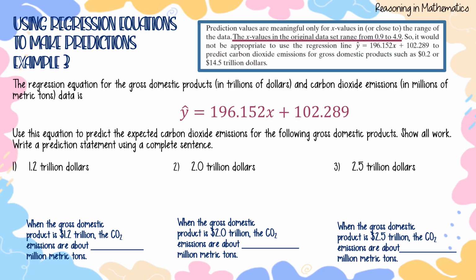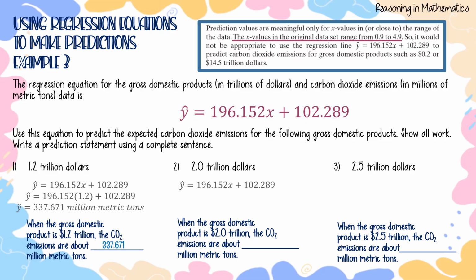So we're using the 1.2 and we're plugging into our linear regression equation, and then just put that in your calculator. Calculate that amount, and we get about, because we do any rounding for linear regression to 3 decimal places, 337.671 million metric tons, and that's what fills in the blank.